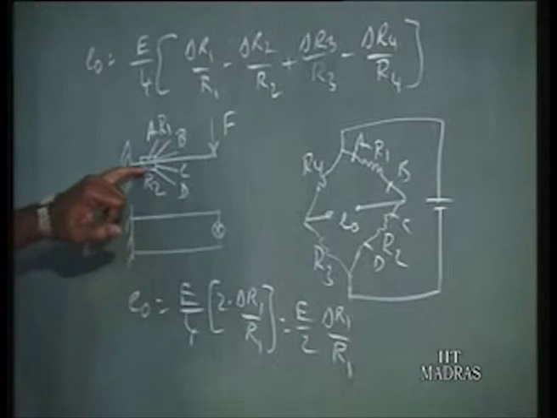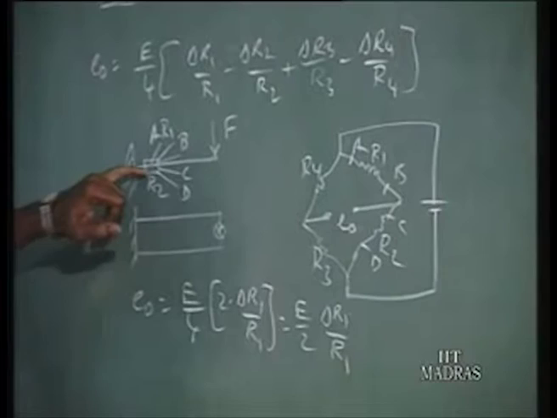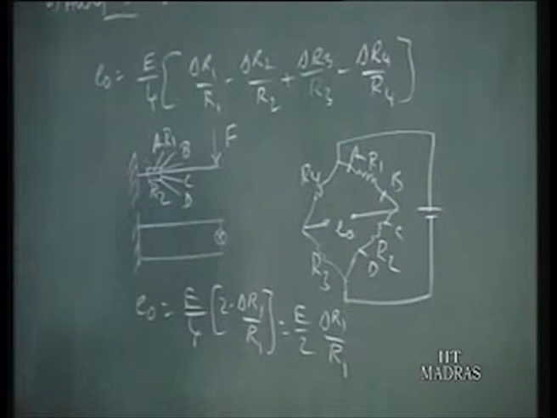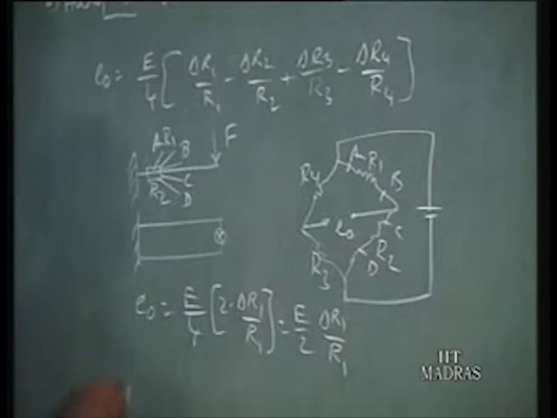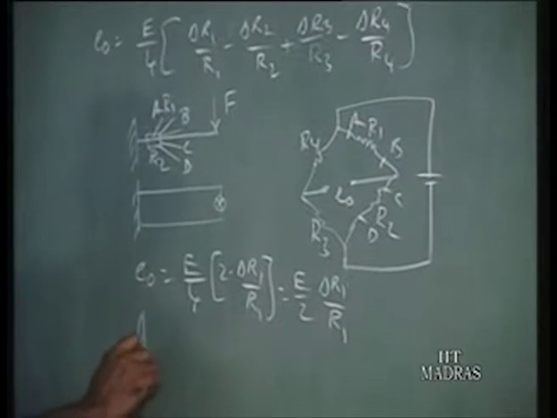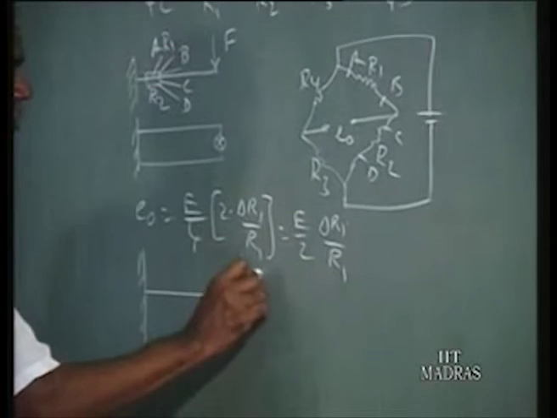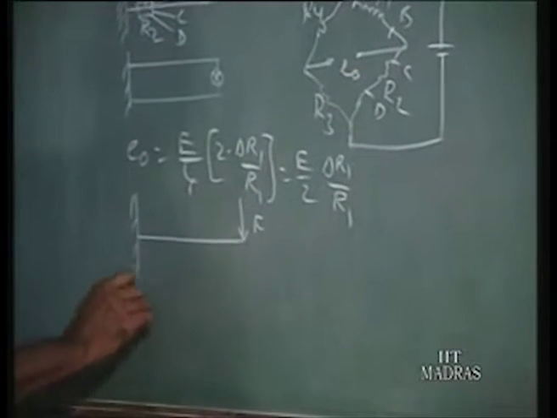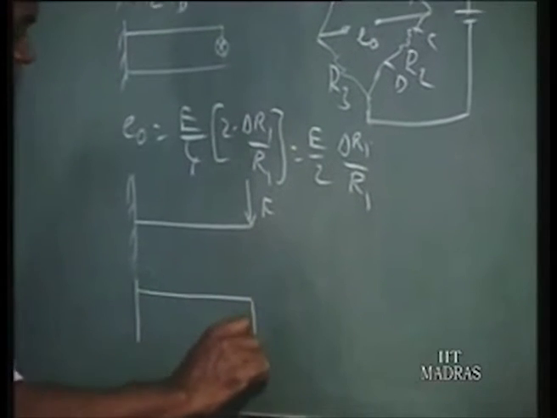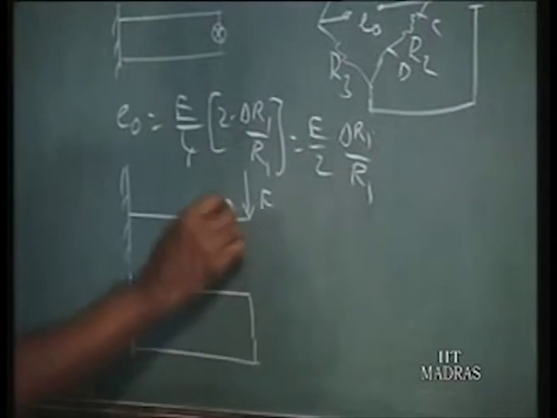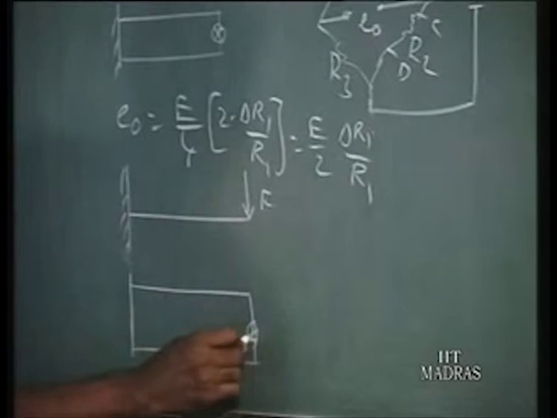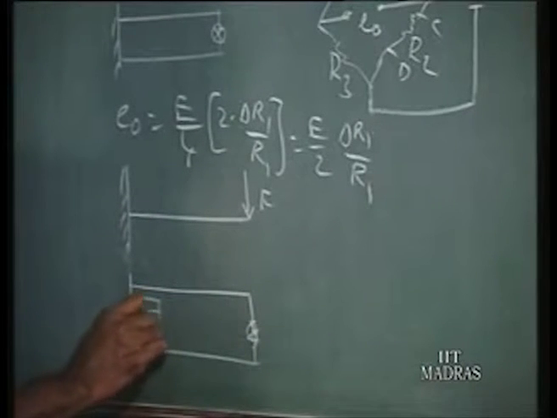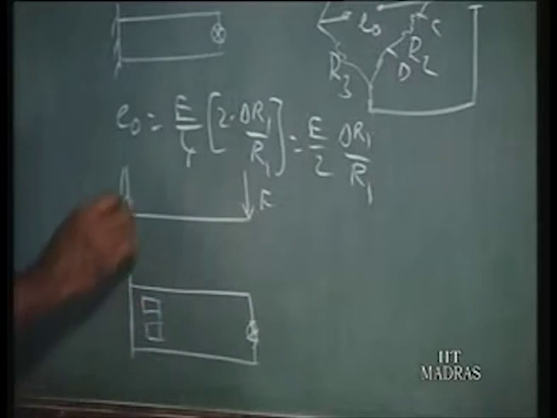This is a case where the changes in resistances are opposite in polarity. What is an example where it is similar in polarity? The same example you can take. We have again a cantilever with force, and instead of pasting one at the bottom, we paste both of them at the top. This is the plan view of the cantilever, and this is the end view with F. Now, put the two strain gauges at the top itself.